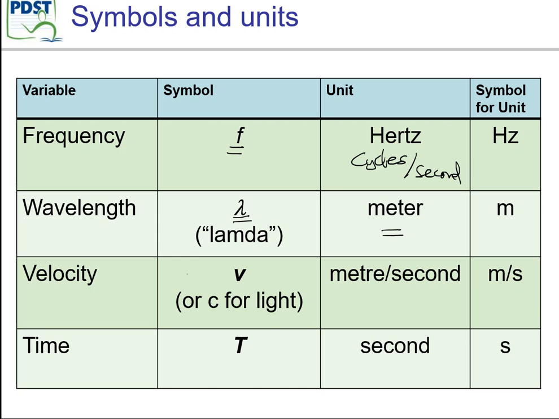So it's given in meters per second. Then we have time. Time of a wave is given by the letter t. That is the symbol for time, and it's given in seconds or s. So these are important symbols and units of waves. Make sure that you understand them and you know them.